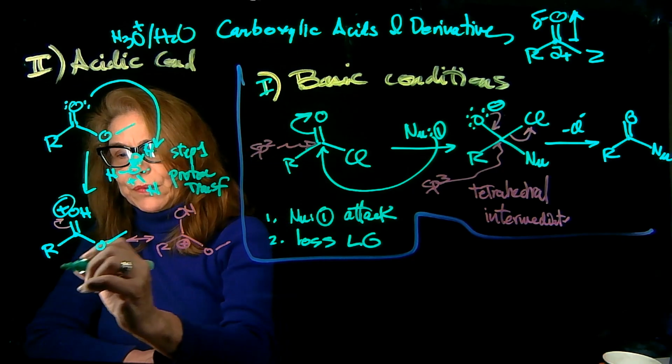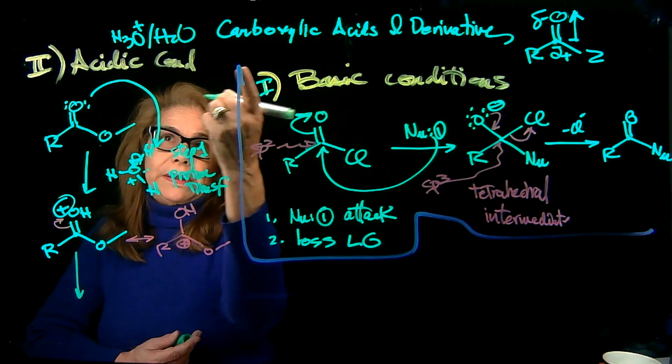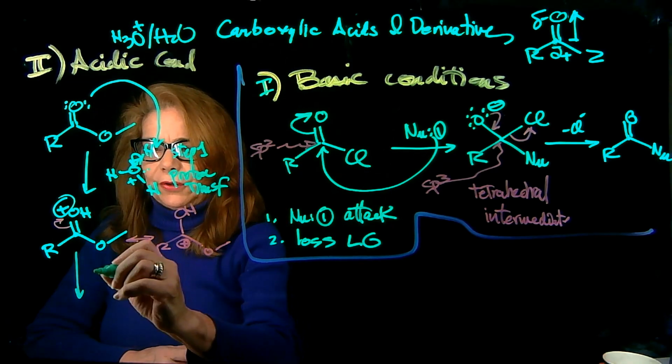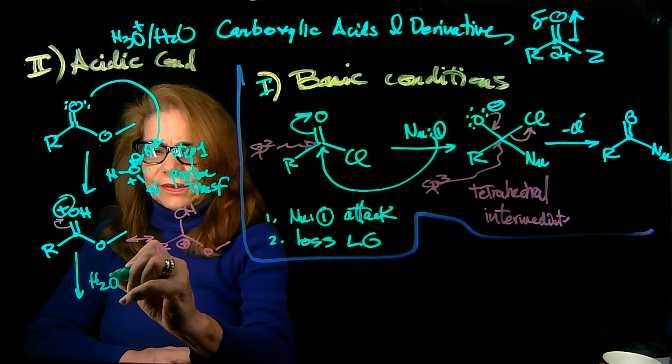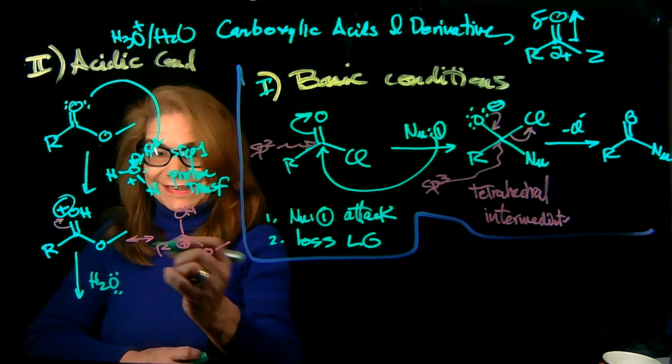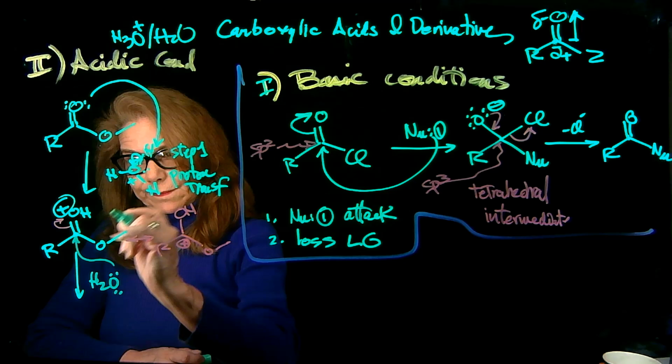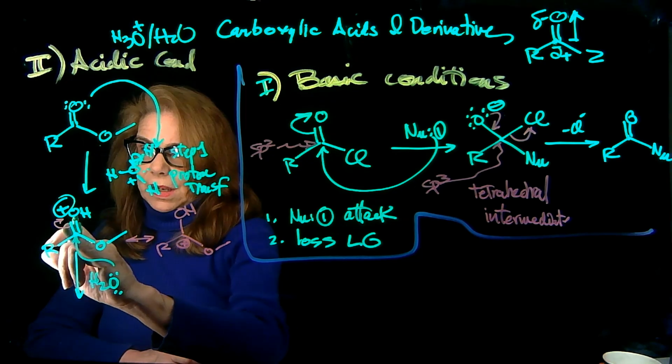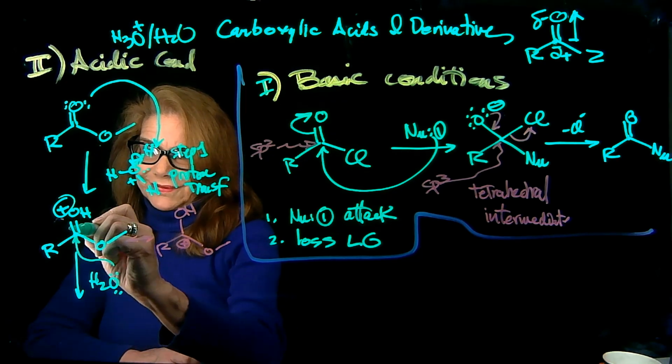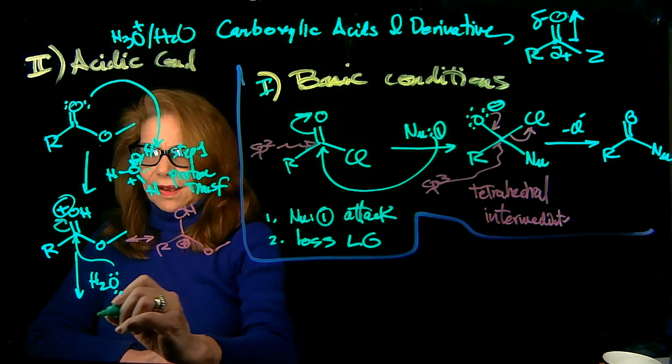So next step, and here I'm doing, say, an ester hydrolysis under acidic conditions. My nucleophile is going to be water. And now removing this one, so that I have my arrows for the reaction.